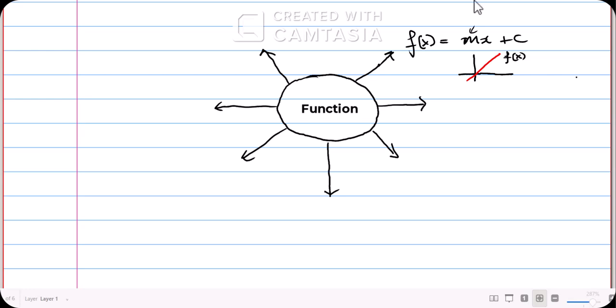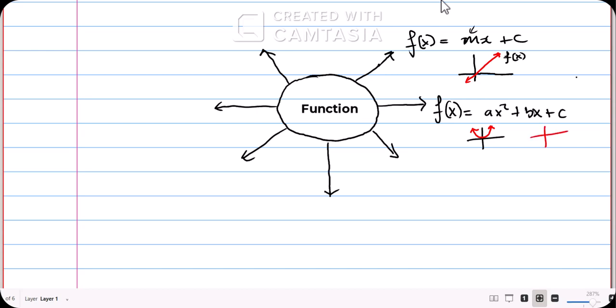This is the other function, the quadratic function, which is ax squared plus bx plus c. So we can have something that looks like this. It is very important to have this.